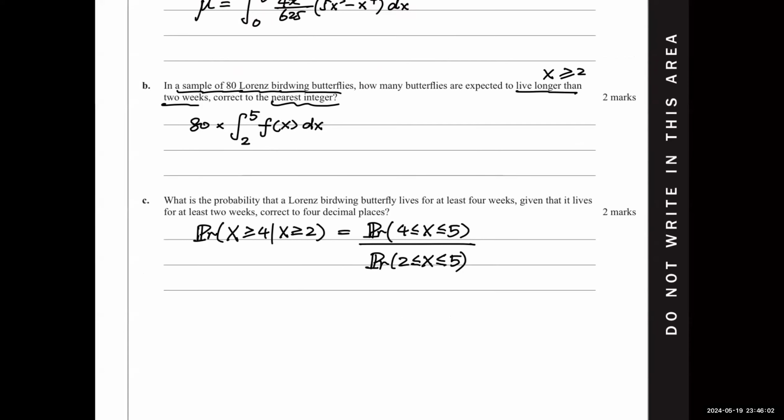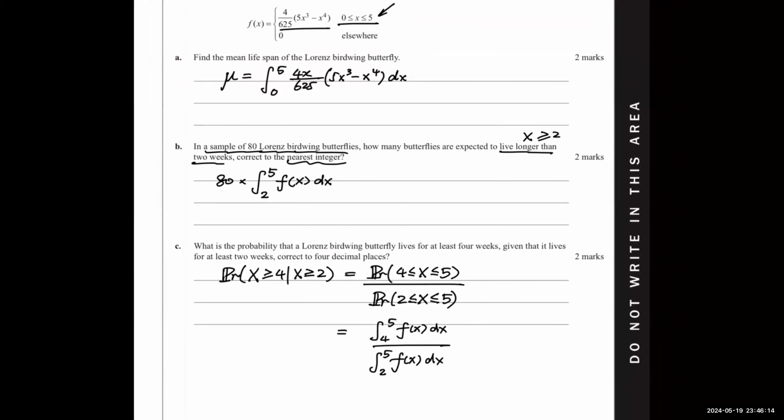It's a conditional probability. Then it's actually looking at the integral from 4 to 5 of f of x dx over the integral from 2 to 5 of f of x dx, okay? So you can see there are 6 easy marks if you learned your probability basic concepts. So let's come back to the CAS calculator and do the rest of the work.